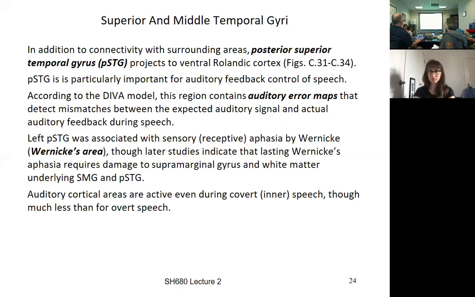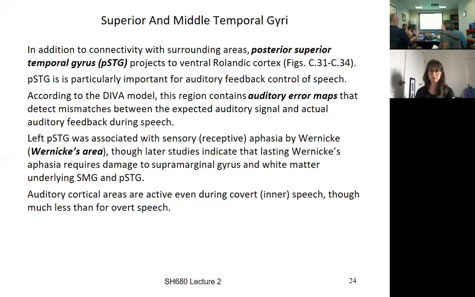Interestingly, auditory cortical areas become active even during covert speech or inner speech. So even though you're not making any sound, your auditory cortex is active, especially in the left. With overt speech, you see bilateral activation with a little bit more left premotor. With covert speech, it's almost all left lateralized.